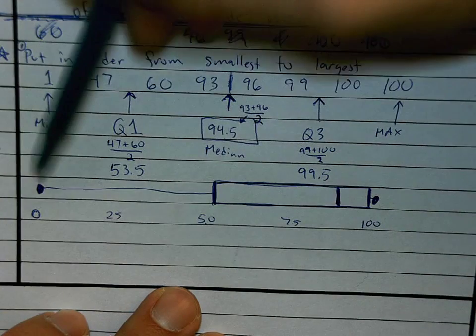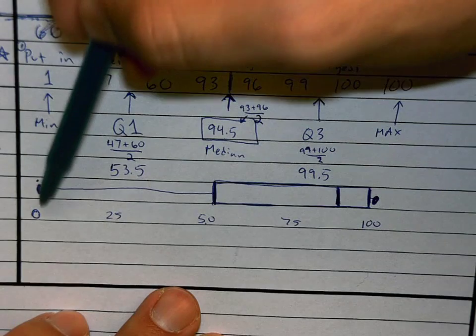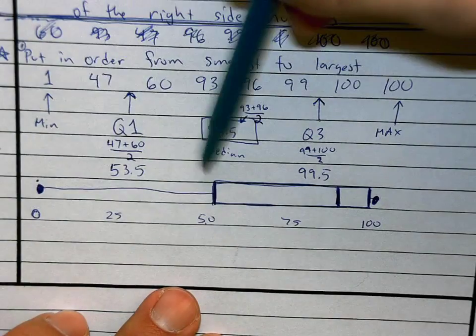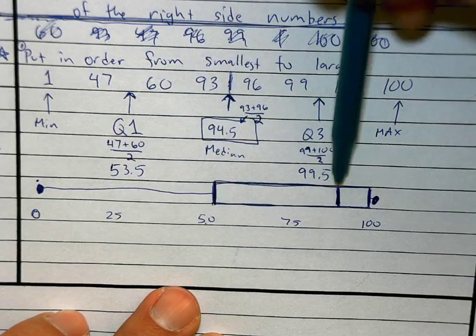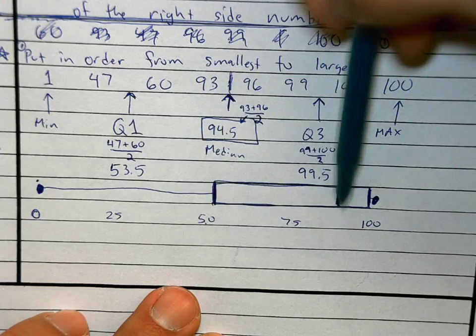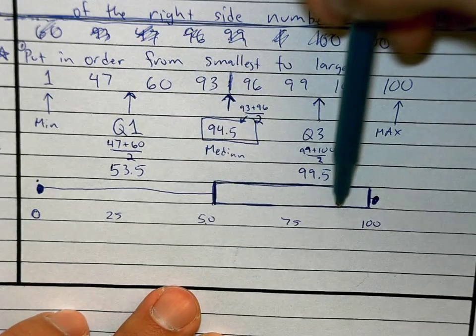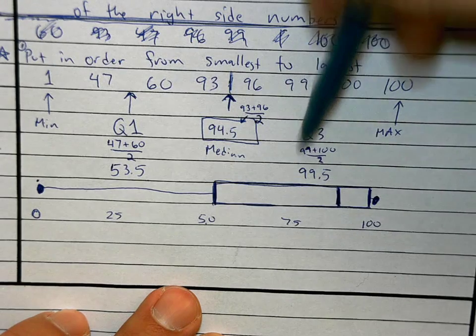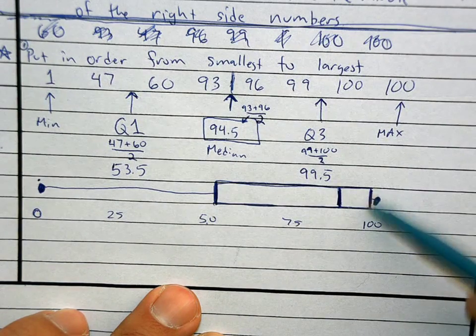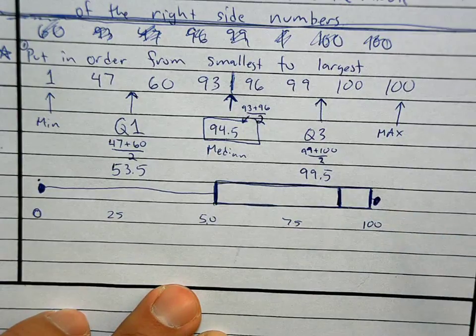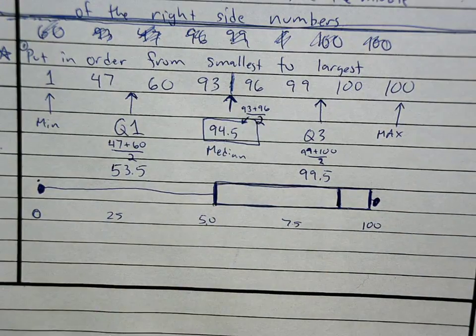This lets you know that the minimum's around 1. Your first quartile's around 53. Your median is around 94 and a half. Q3 is 99.5, and then over here is your maximum.